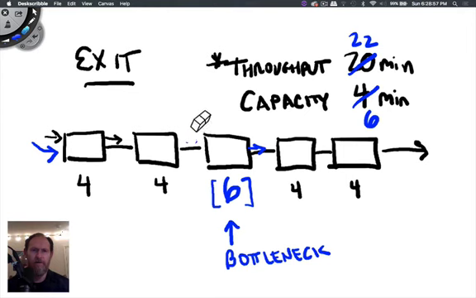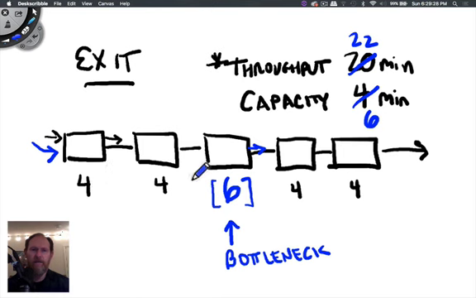So to summarize, when we talk about capacity in operations management, we're talking about the ability of a system, whether it be service or production, to exit an item from the system. Of course, in production, we're talking about a finished item. In service, we're talking about maybe a person completing the system.